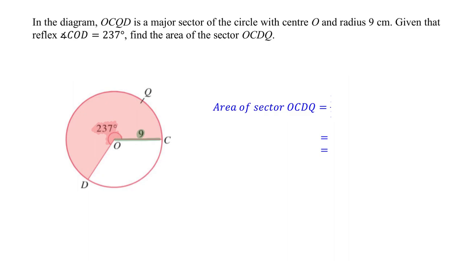And so you will see the following, where I will have 237 degrees divided by 360 multiplied by pi r square. R is 9. That will give me 168 cm square when rounded off to 3 significant figures.